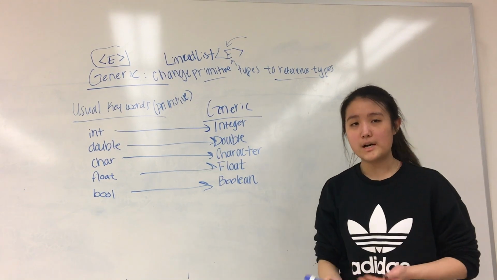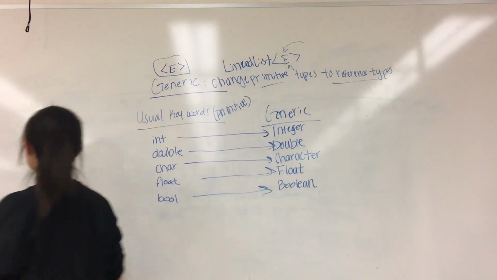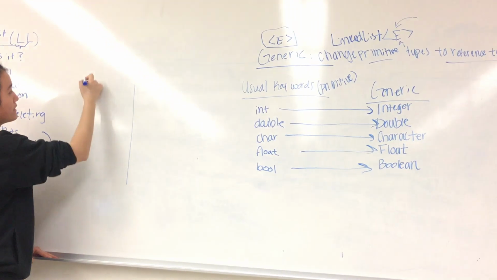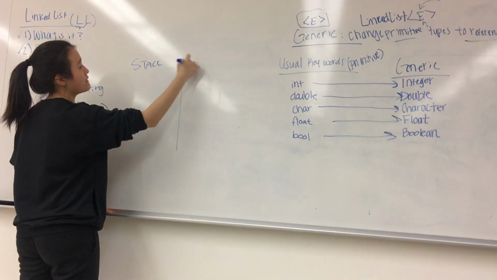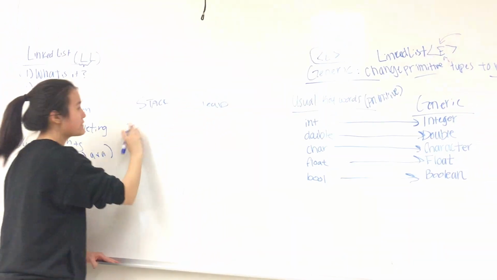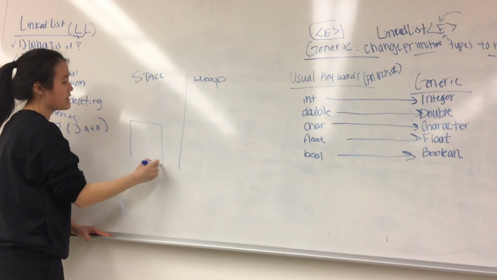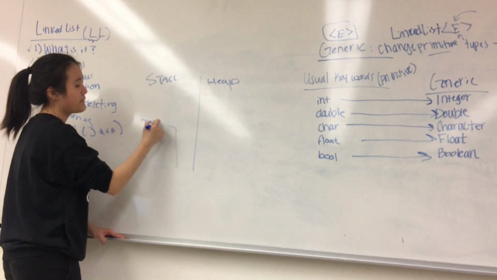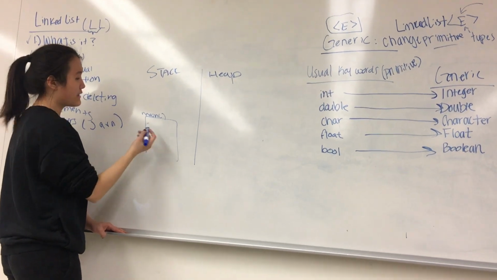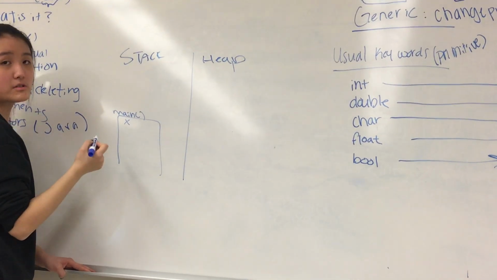So when we're talking about primitives, if you have a stack and heap, stack is a fancy word that I'm going to use, but basically let's say you just have a main function here, and you're initializing an integer x.